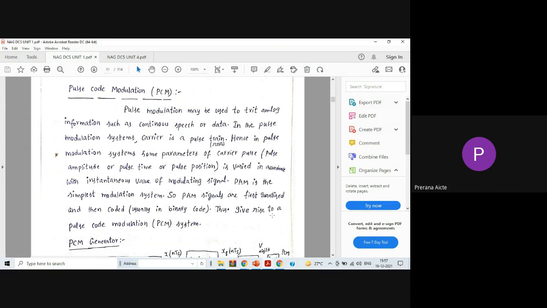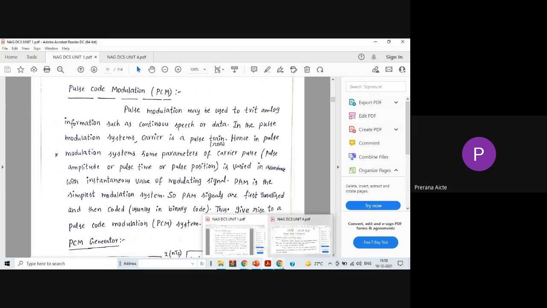Then we get the pulse amplitude modulated signal as the input. We quantize that signal and convert it into binary form. So we obtain the pulse code modulation system. That is the definition, right? PAM signals are quantized and then coded, which gives rise to a technique called pulse code modulation.